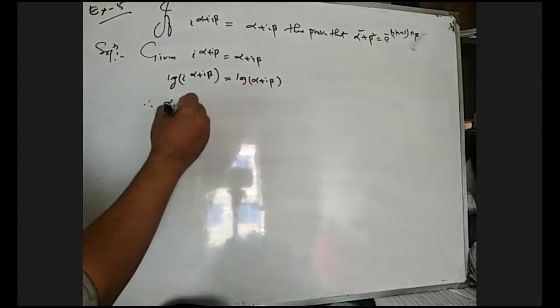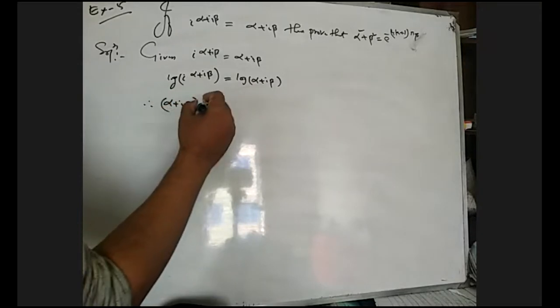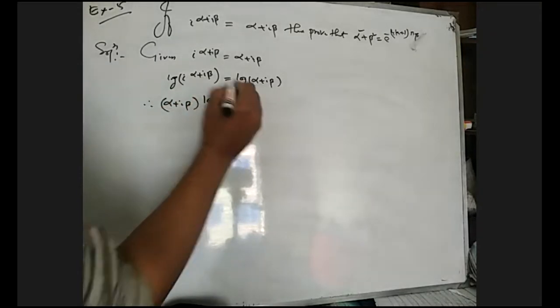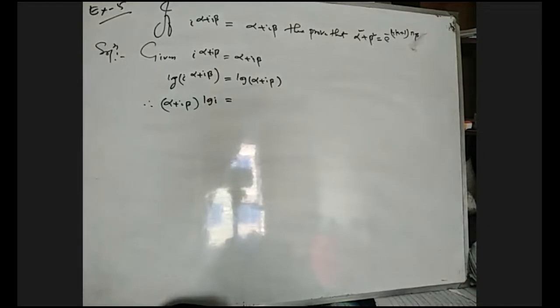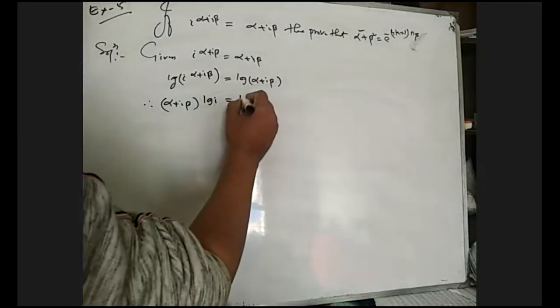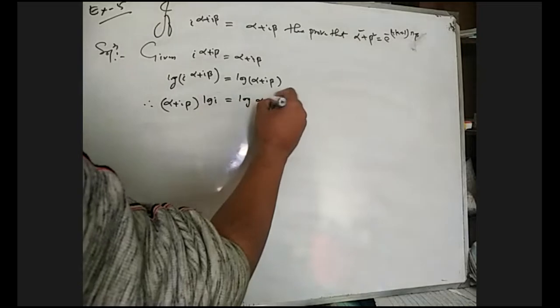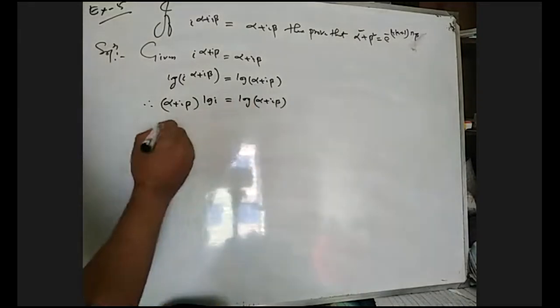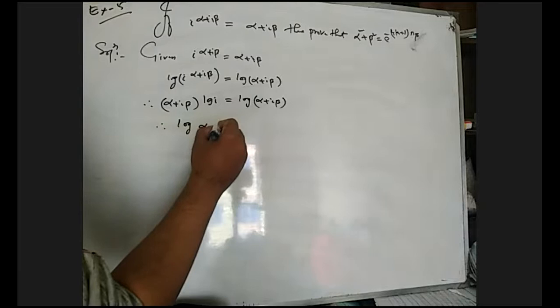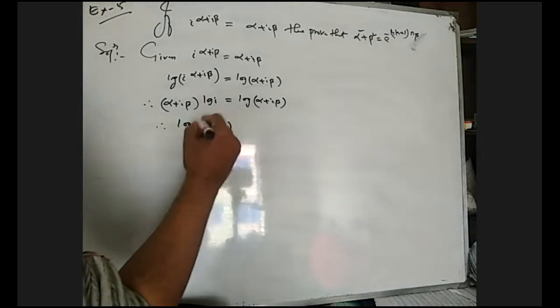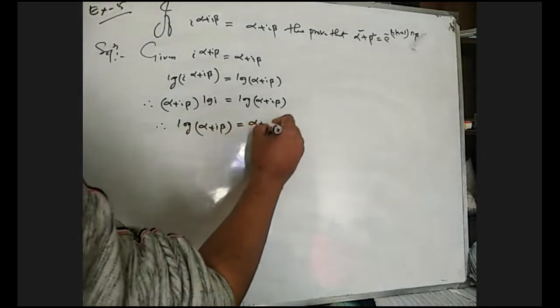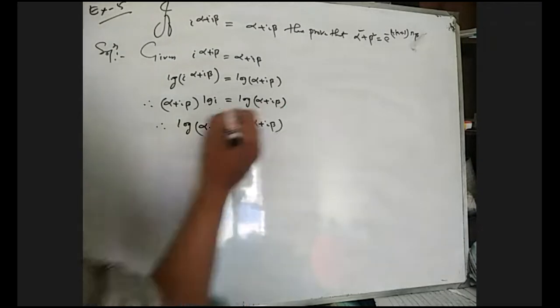Therefore, alpha plus i beta times log i equals log of alpha plus i beta. Therefore, log of alpha plus i beta can be written as alpha plus i beta log i.